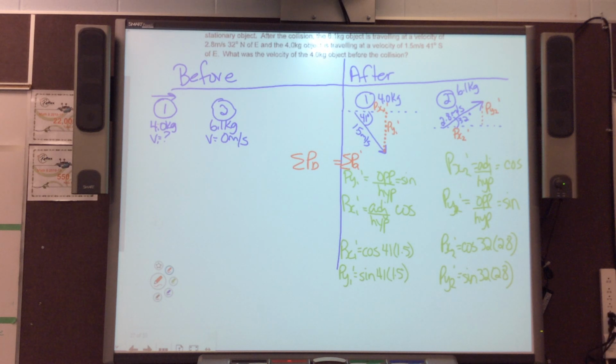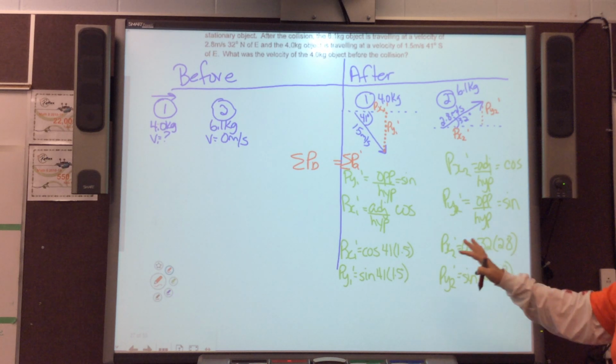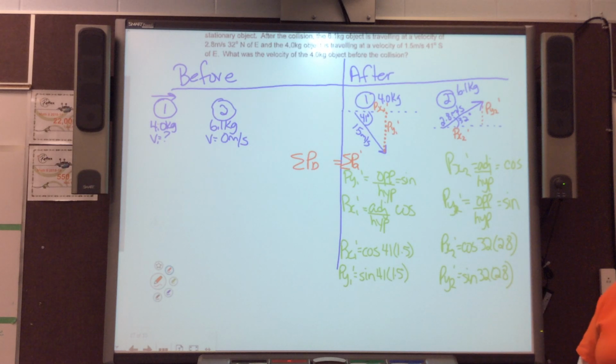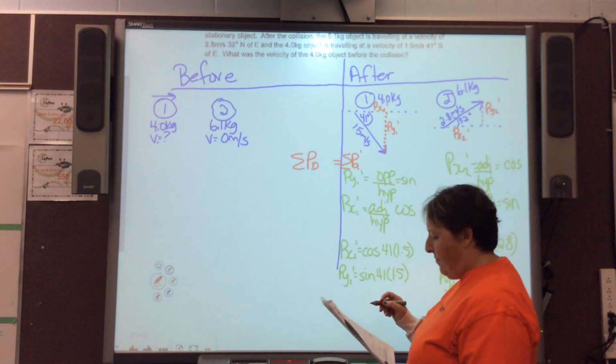So what did we get for any one of these four values? If you have one, let me know. P of x1 is 1.13 meters up.